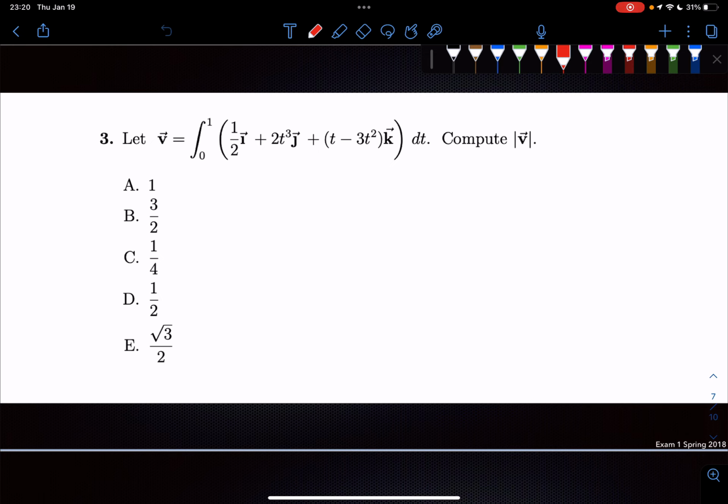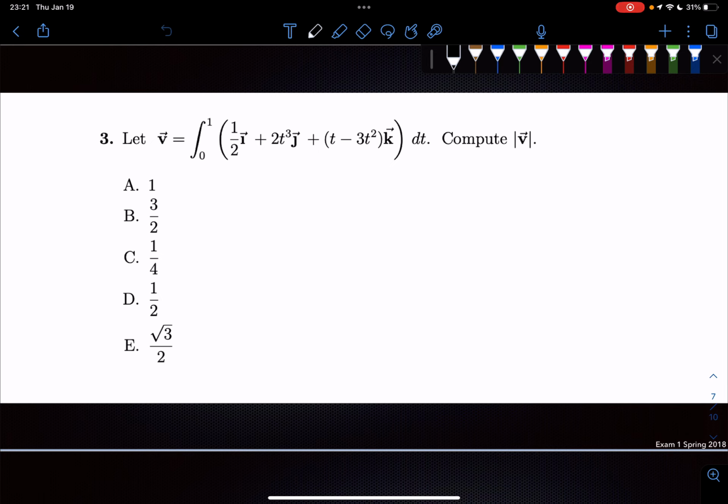This one is coming from exam 1, spring 2018. Let the velocity vector be this, and you want to compute the magnitude of the velocity vector. This one is so straightforward that I don't even have a one-pager for you, but I just want to cover some basic calculus with you.